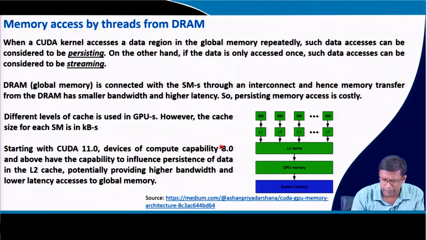From compute capability 8, the persisting data is fetched and put into the L2 cache so that the read is faster, and this adds to less latency in access to global memory.